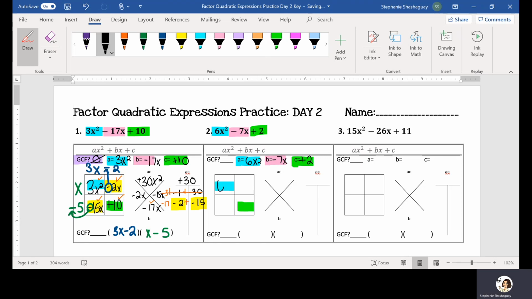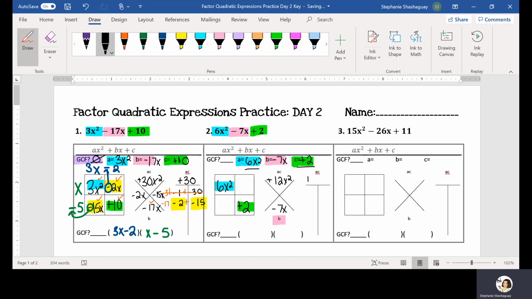Okay, so I have 6x squared in the top left and a positive 2 in the bottom right. I can also do my a times my c term. Well, 6x squared multiplied by a positive 2 is going to give me a positive 12x squared. Then in the bottom of my x, I have my b term, which is a negative 7x.